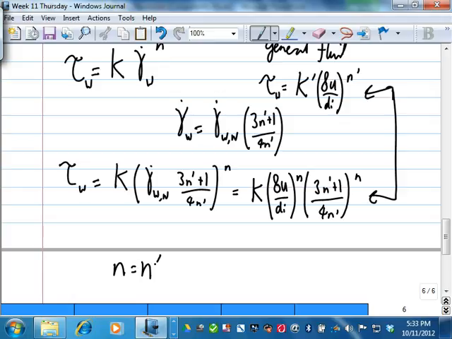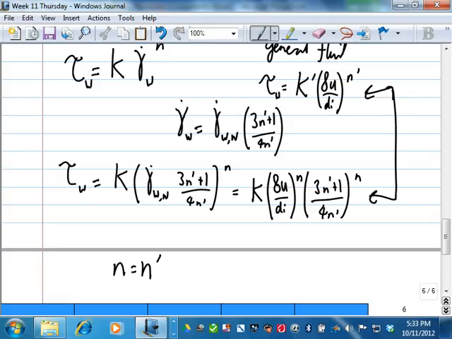Right or not? 8U over Di to the n, 8U over Di to the n prime, they must equal to each other. So n equals n prime, and that really governs whether it's a shear thinning, shear thickening, or Newtonian fluid. n is 1 Newtonian, n less than 1 shear thinning, and more than 1 shear thickening. We discussed earlier.